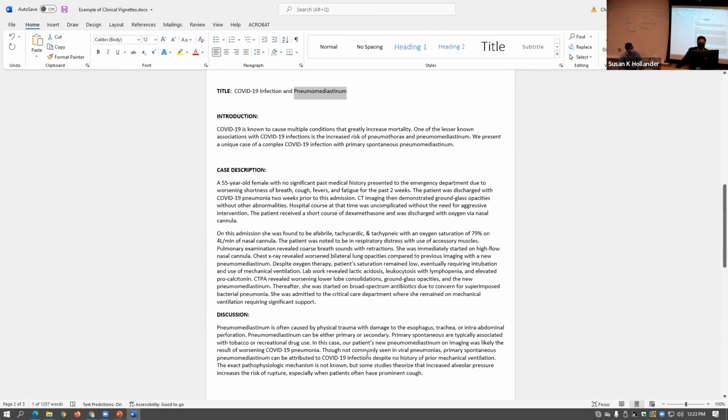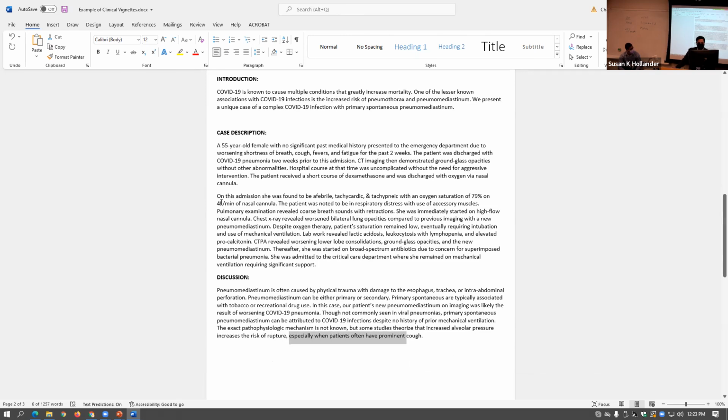There's a significant lit review behind this, and it talked about the theory behind the mechanism by which a person could potentially have a pneumomediastinum from a COVID infection. And so it mentions it right here. The exact pathophysiology mechanism is not known, but some studies theorize that increased alveolar pressure increases the risk of rupture, especially when patients often have a prominent cough. And so this is a great write-up. It has all the units that we actually need, and it's sweet, short, and to the point.